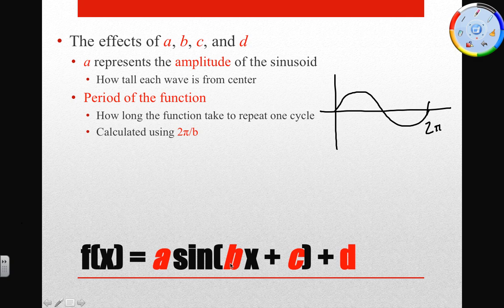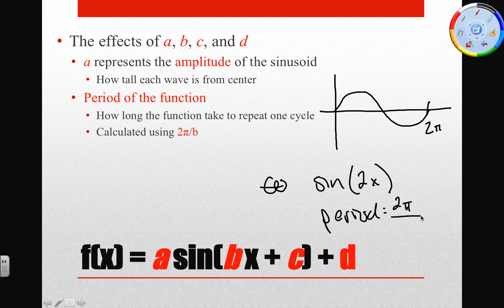So if you're given a b value, in order to find the new period, let's do sine of 2x, the period is 2 pi over b. In this case, b is 2, and so it's pi, which means if we were to graph this, the graph would go from 0 to pi. One full wave curve here would go from 0 to pi.